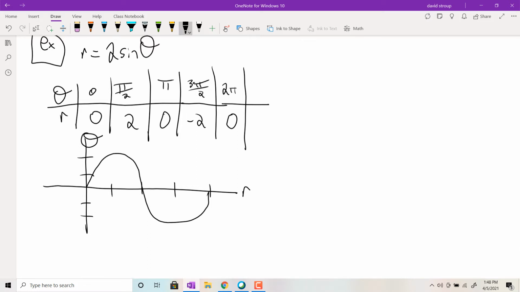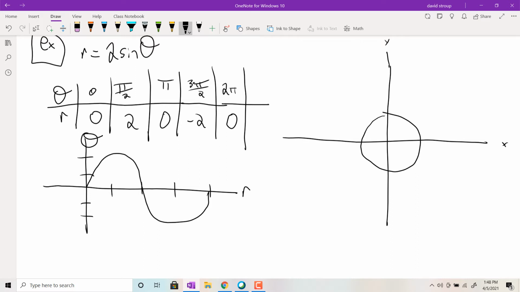Okay, and then eventually I have to go over to the xy plane and graph it on my polar graph paper. So this is x and this is y. I need to go out to 2. So here's 1, and here's 2. Then on a graph, I start at 0, and if you just go to pi/2, then it jumps out to here.